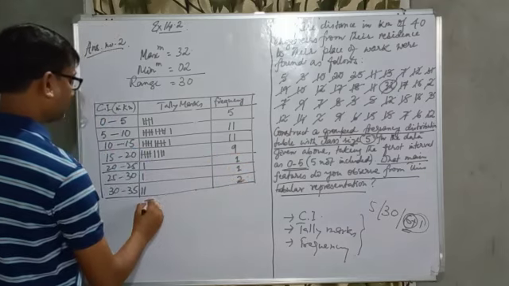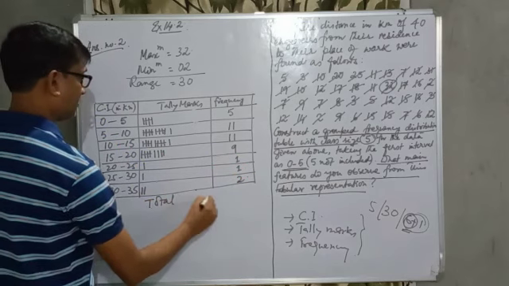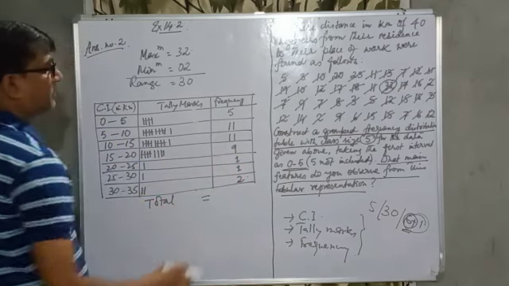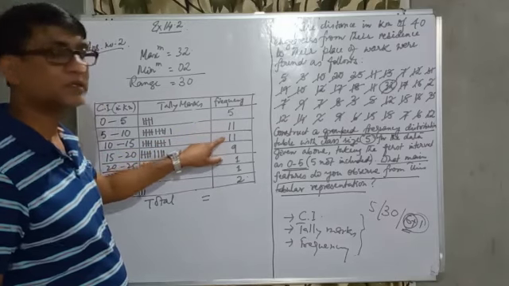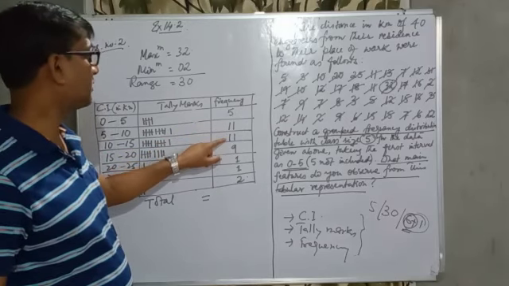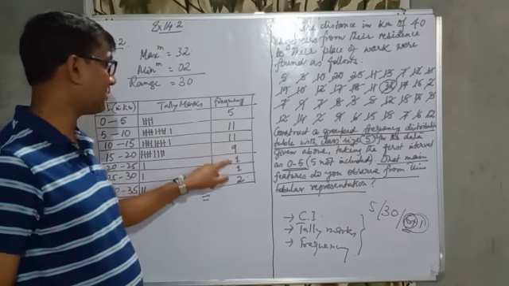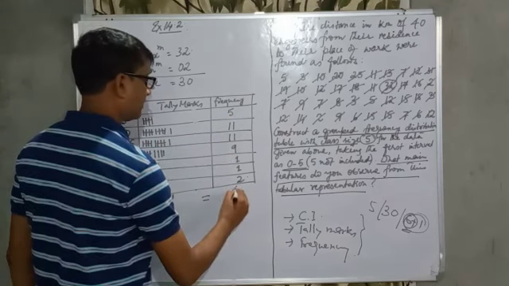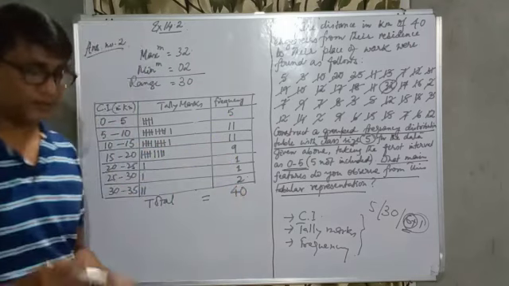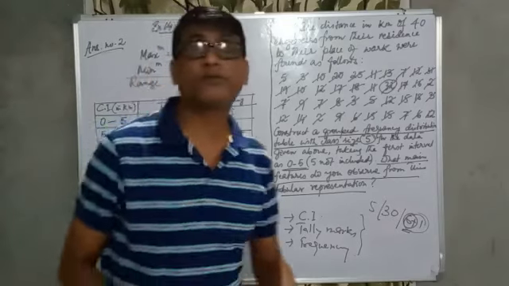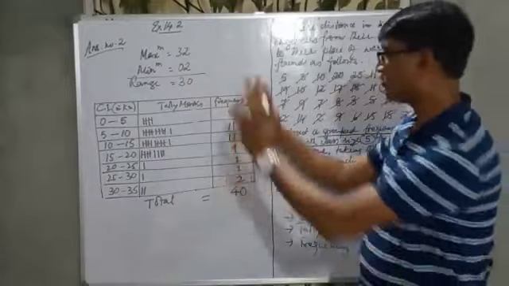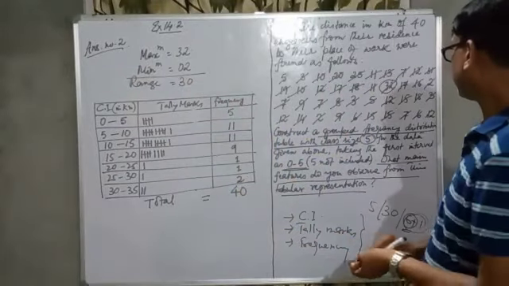Total: 5, 11, 16, 27, then 37, 40. The total is 40. This is our table. So this grouped frequency distribution table is finished. First part is finished.